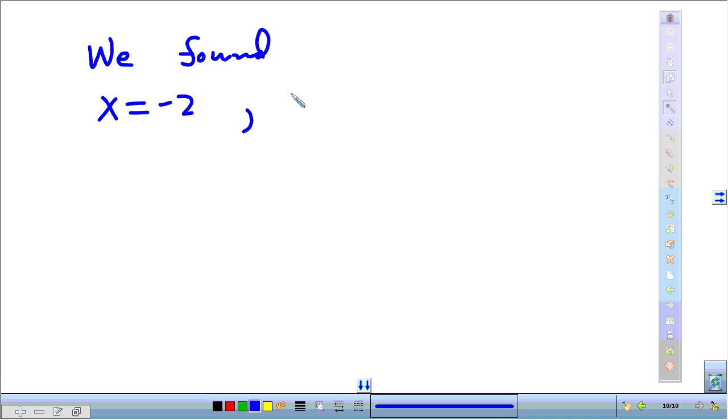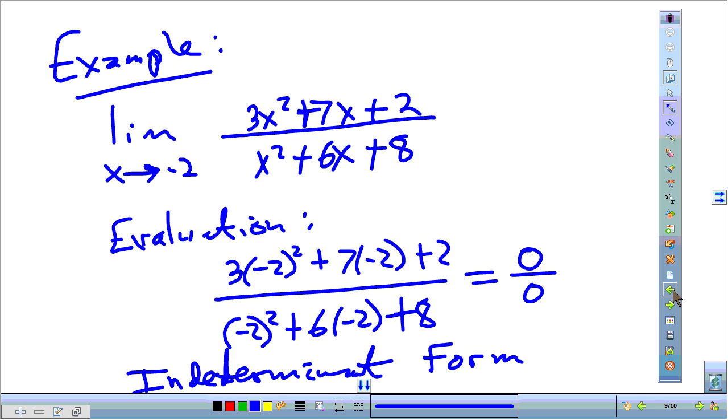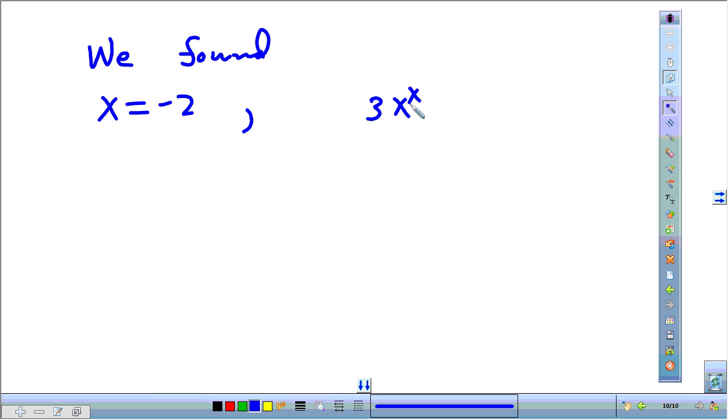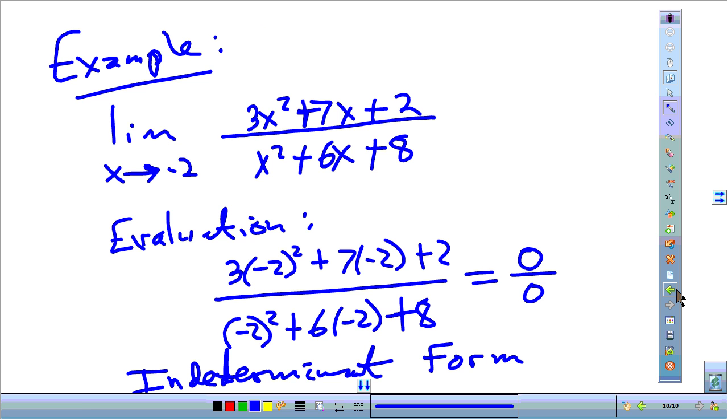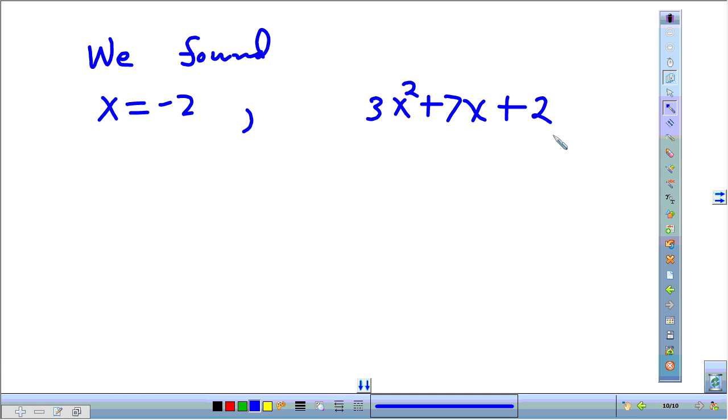So, but when we evaluated, what we did find is that if we plugged in x equal minus 2 into the expression for the numerator, 3x squared plus 7x plus 2, oh, we got 0.